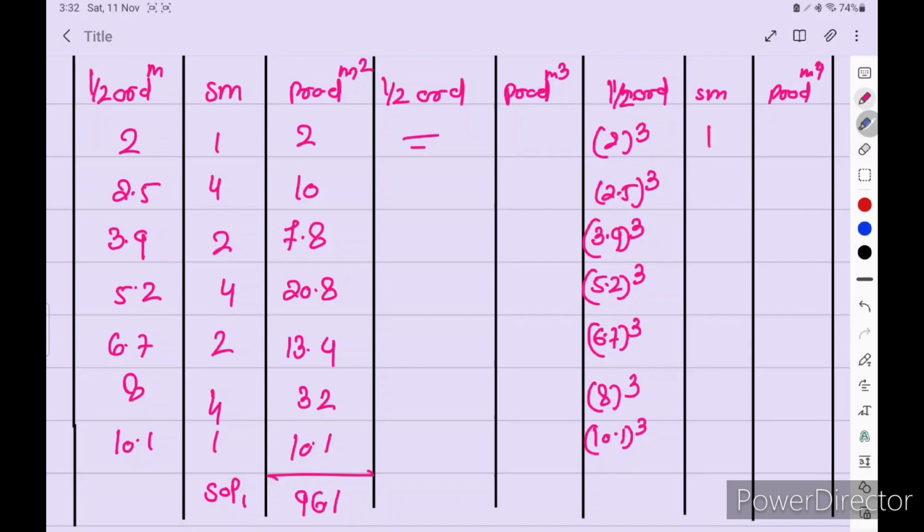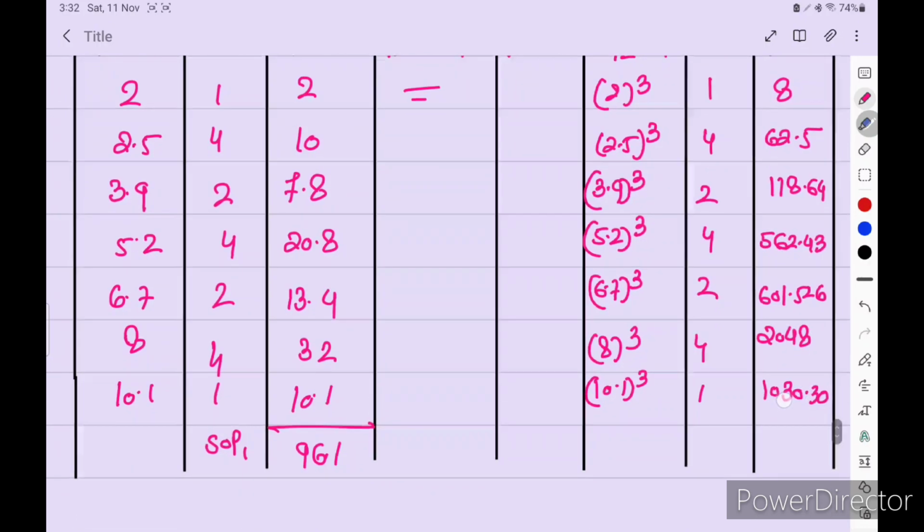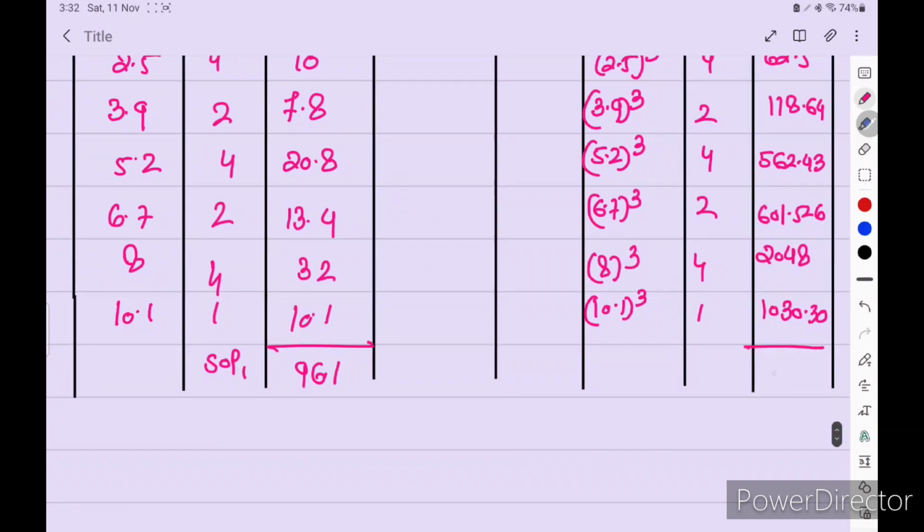Same system multipliers: 1, 4, 2, 4, 2, 4, 1. Products: 8, 62.5, 118.64, 562.43, 601.526, 2048 and 1030.30. So we add and we get 4431.39 m to the 4. This is SOP4.